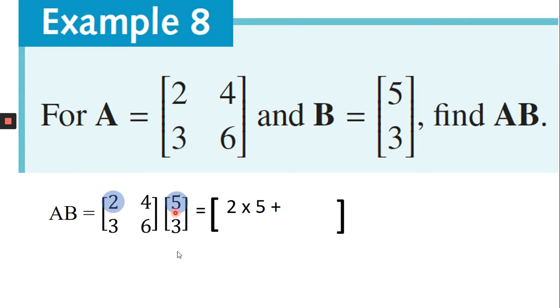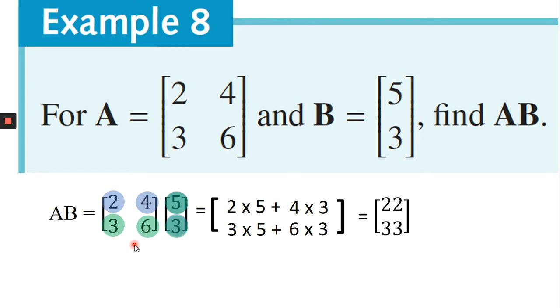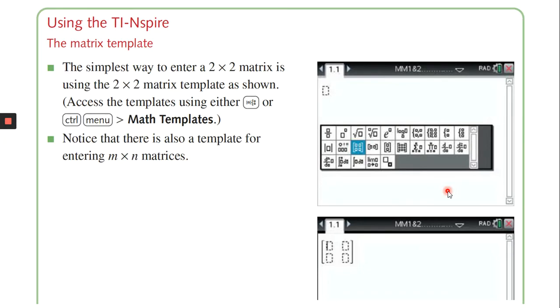There's just one single column, isn't there? So I'm only going to have a top and a bottom here. My solution matrix is going to just have a top and a bottom like this. So 2 times 5, 4 times 3. And I do the bottom ones. 3 times 5, 6 times 3. Work out my solution. Okay. So 2 by 2 times 2 by 1, the solution is a 2 by 1.